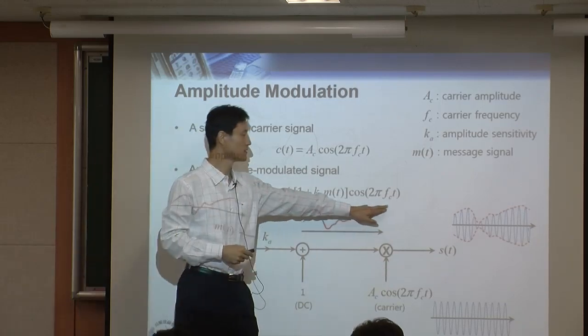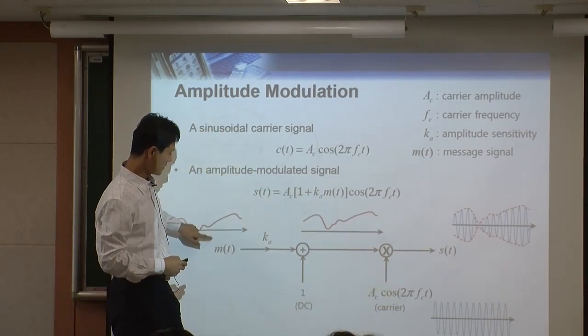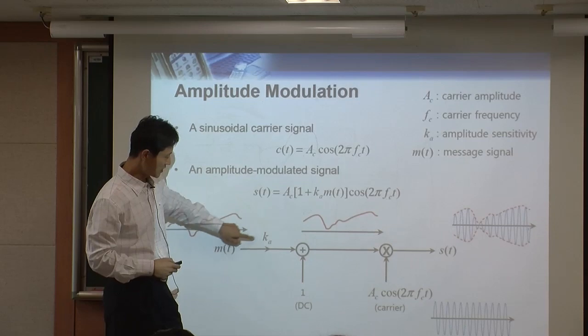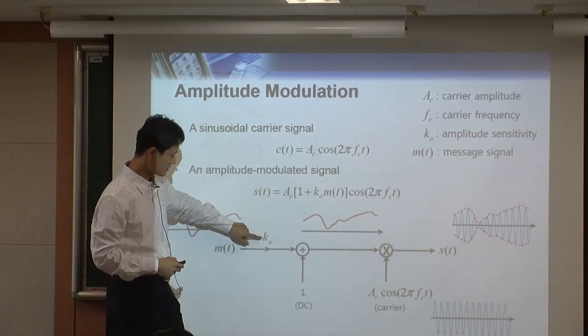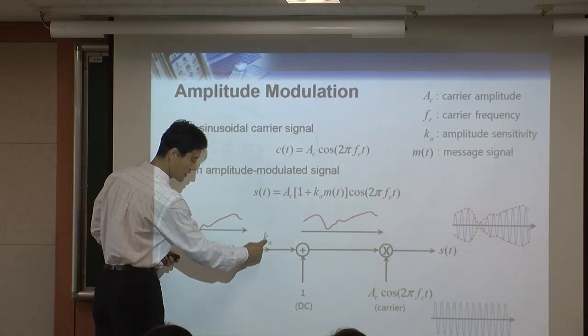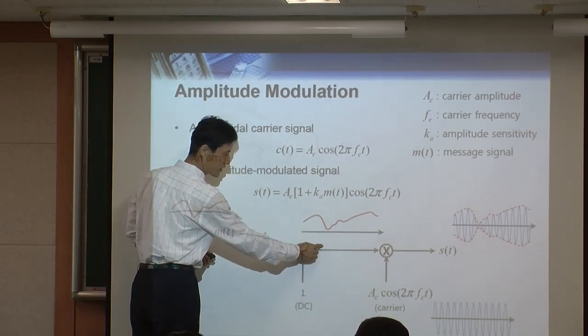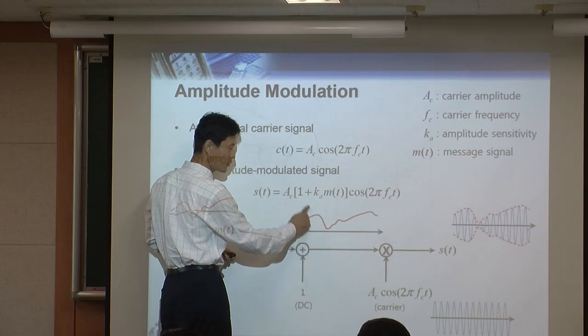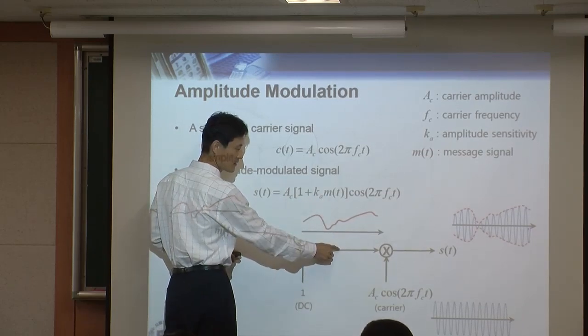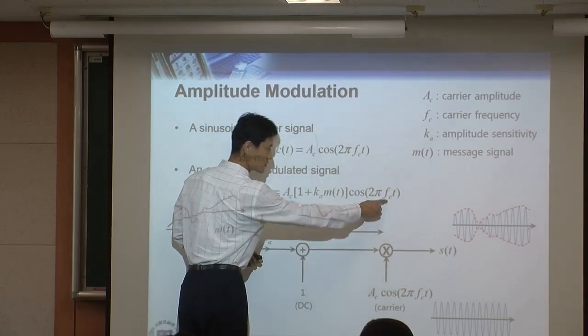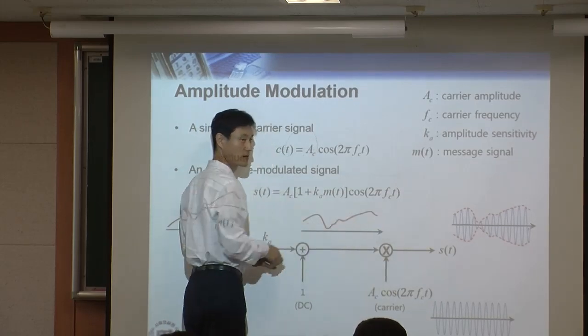Remember that right here we have m(t). First, you multiply Ka with m(t), so right here it's going to be Ka times m(t). Now you add plus 1, so right here you have 1 plus Ka m(t). And now you multiply this by the carrier, so you get s(t) right here.